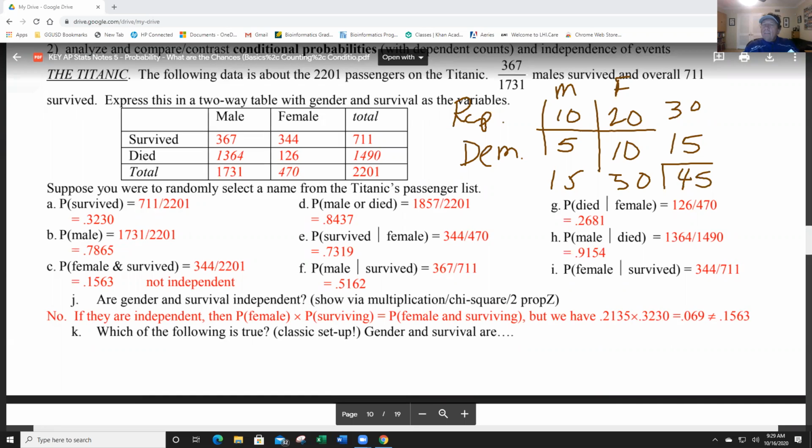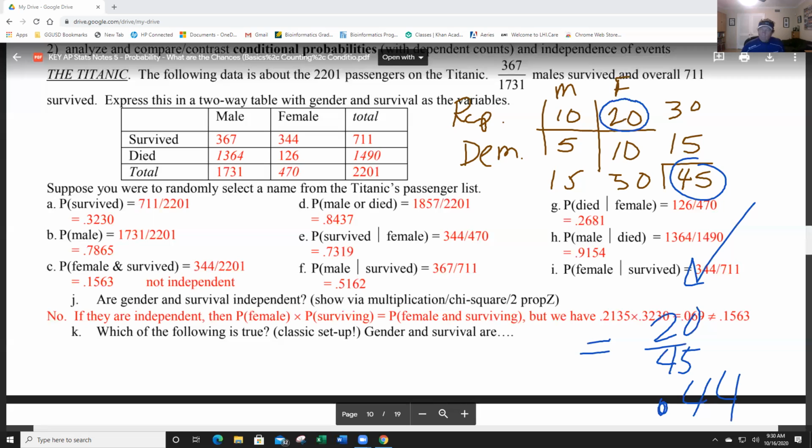Okay, so female and Republican, that's going to be 20/45. We know there's a 20/45 chance, and by the way, that is 0.44. We know that there's a 20/45 chance of being a female and Republican. If they're independent, then I should be able to multiply the chances of being female in this class, 30/45, and Republican, which is also 30/45.